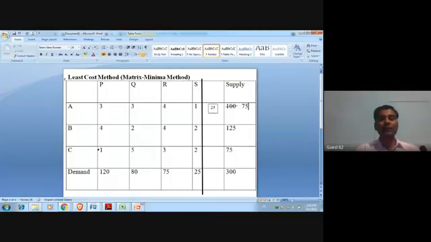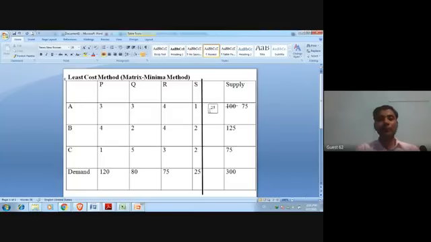Now P is the warehouse which has minimum unit cost, and the demand of warehouse P is 120, but it can be fulfilled first by factory C, and the factory C can supply 75 units.